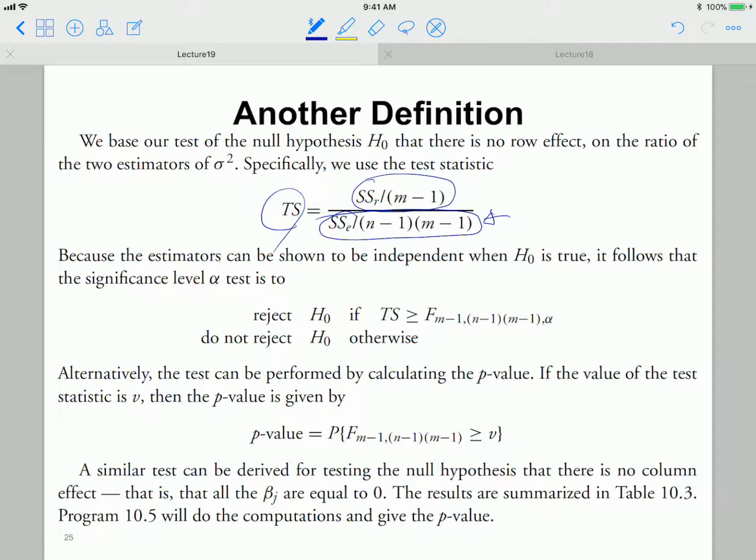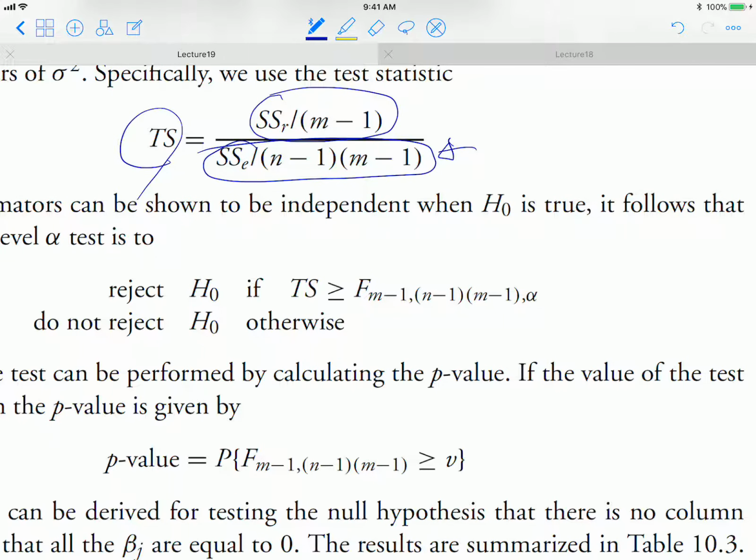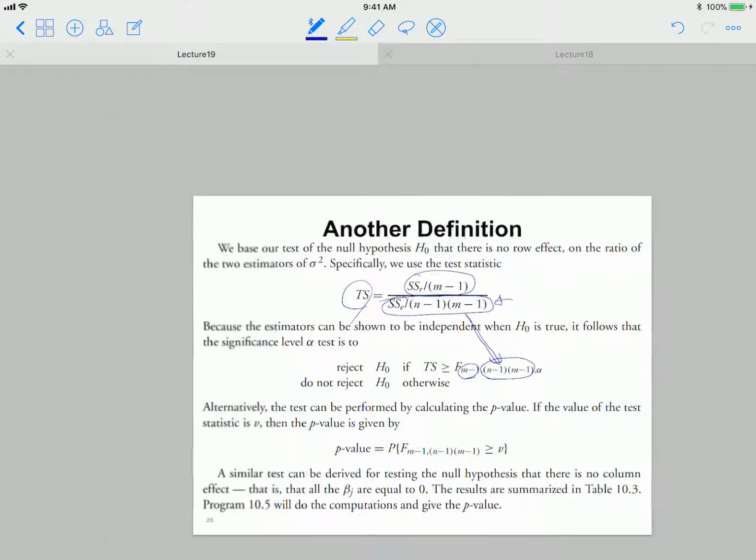So this is the hypothesis testing for the row effect, whether the alpha i's are all 0 or at least one of them is not 0. And it's following the F distribution with the degrees of freedom of m-1 and this value coming from the denominator, right? So it's quite easy, right?